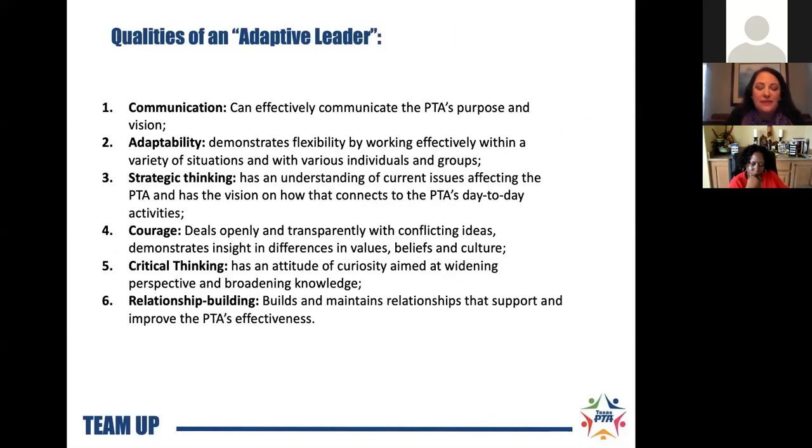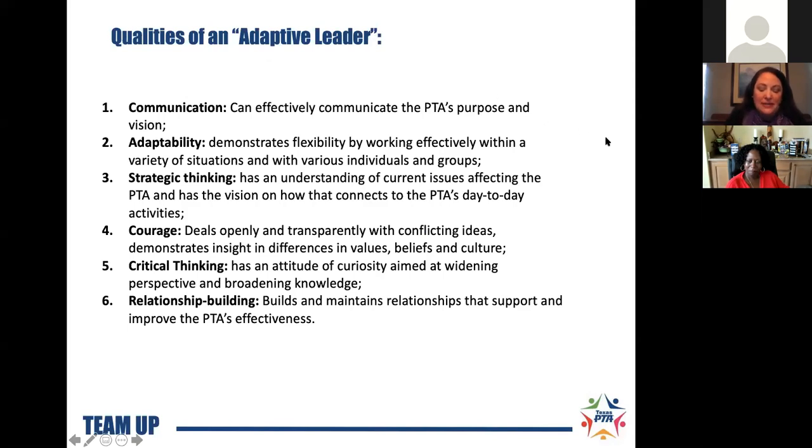So I want to preface this slide by saying this is the part of the presentation where I explain that there is nothing at all about adaptive leadership that says, Jeannie Deakyne told us that we don't have to listen to Texas PTA President Sheri when she tells us that our bylaws and standing rules have to be reviewed every 3 years. I'm not saying that at all.